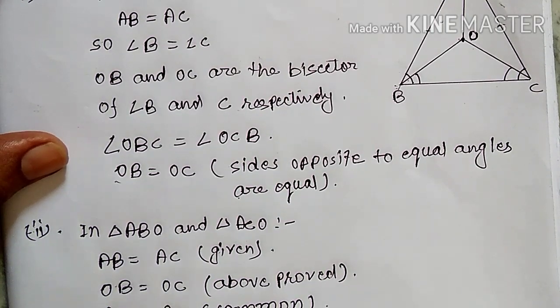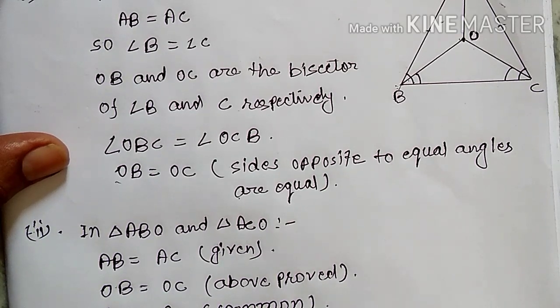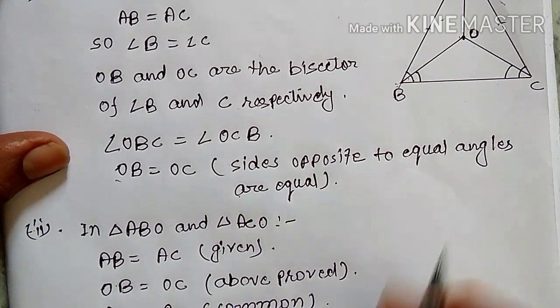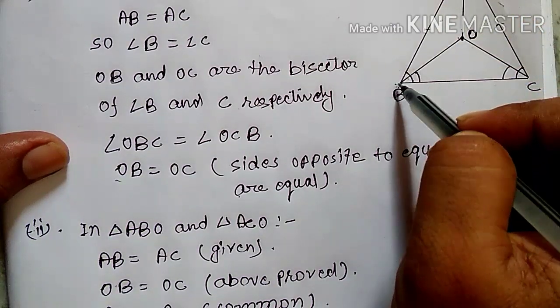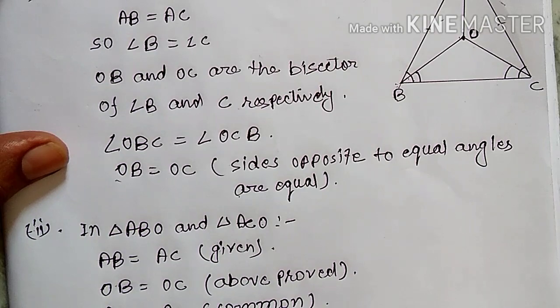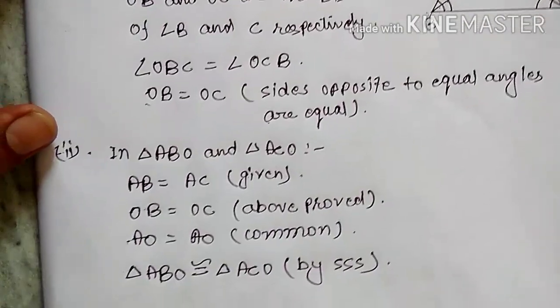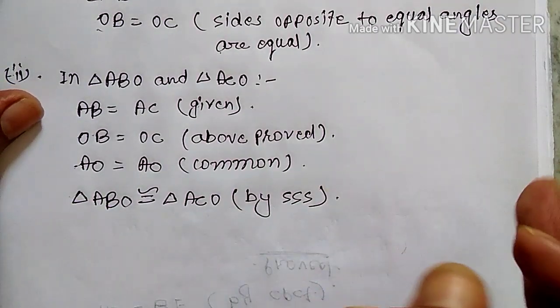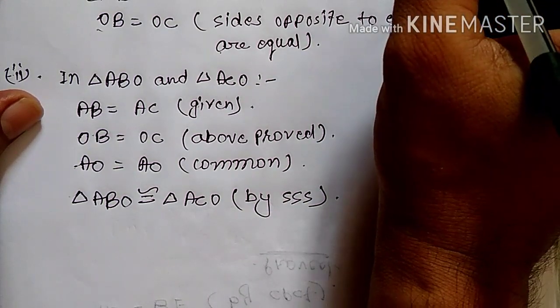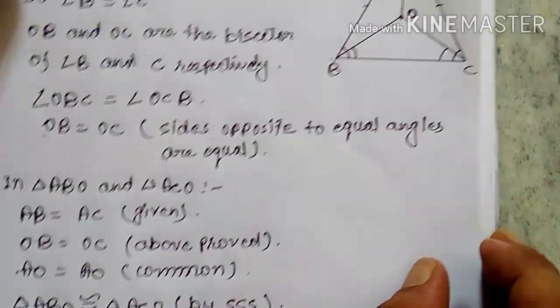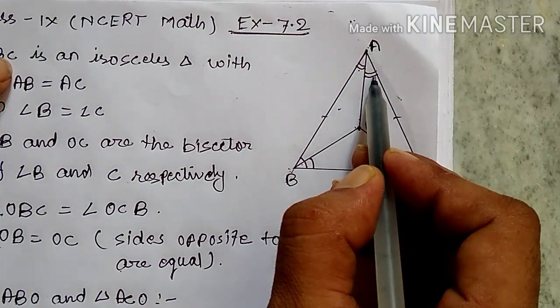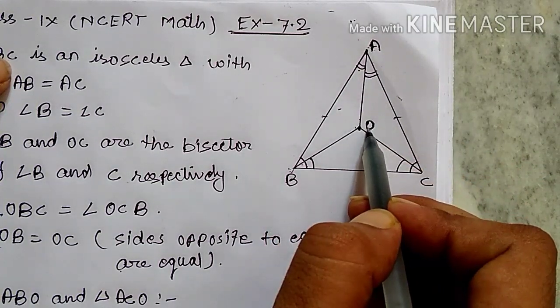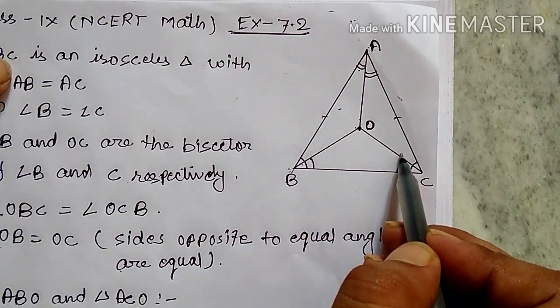So we can say that triangle ABO is congruent to triangle ACO by the SSS congruency theorem. If both the triangles are congruent, then the corresponding parts of the congruent triangles are equal. This angle is equal to this angle, and this angle is also equal to this angle.